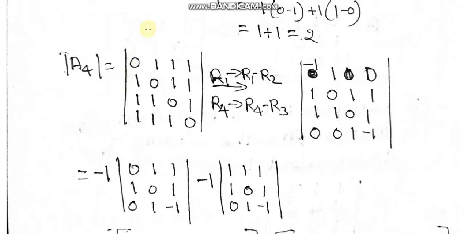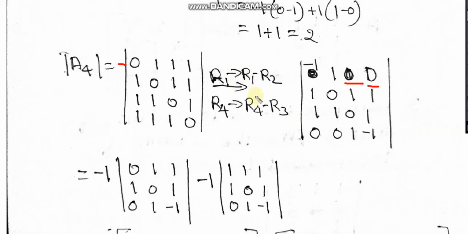If I do R1 minus R2, I get minus 1, 1 and 0, 0. These two terms become 0, 0, and finding the cofactors for minus 1 and 1 I can do. And I can even try to reduce R4 to 0, 0 and 1, minus 1.